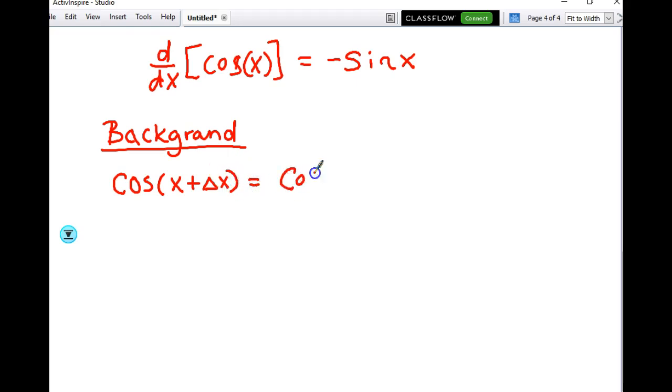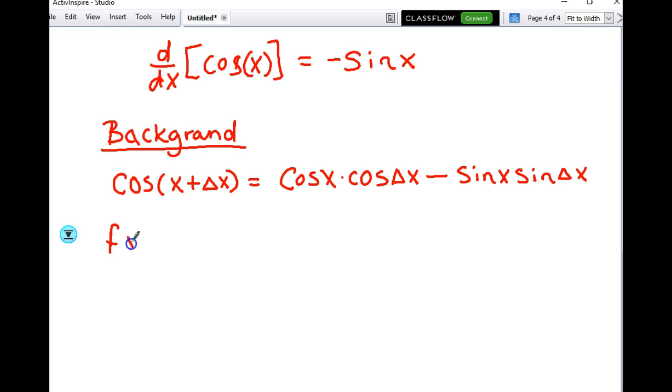And that one is stated that cosine of x, the first term, is going to be multiplied with cosine of the second term, delta x, and then it's going to be minus instead of plus sine of x times sine of the second term. So that's an identity that we're going to be using for this proof. So without any further ado, here we go.